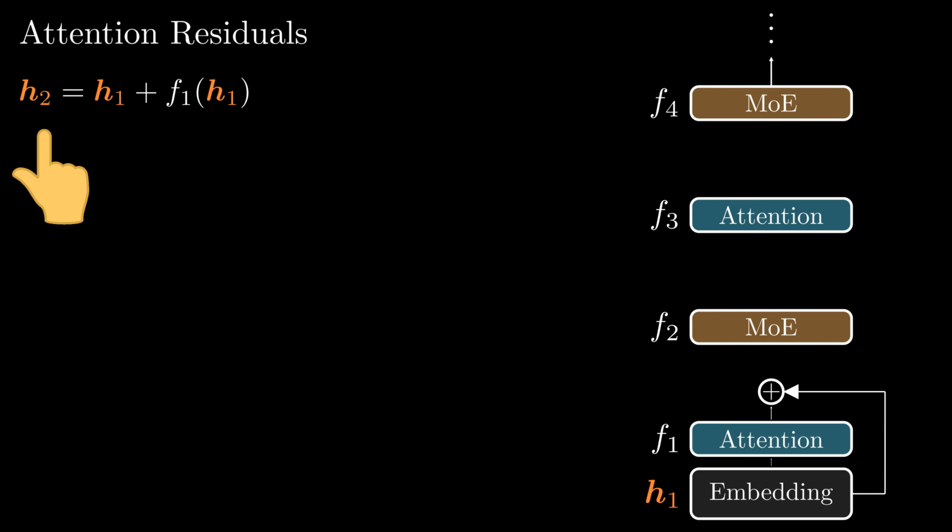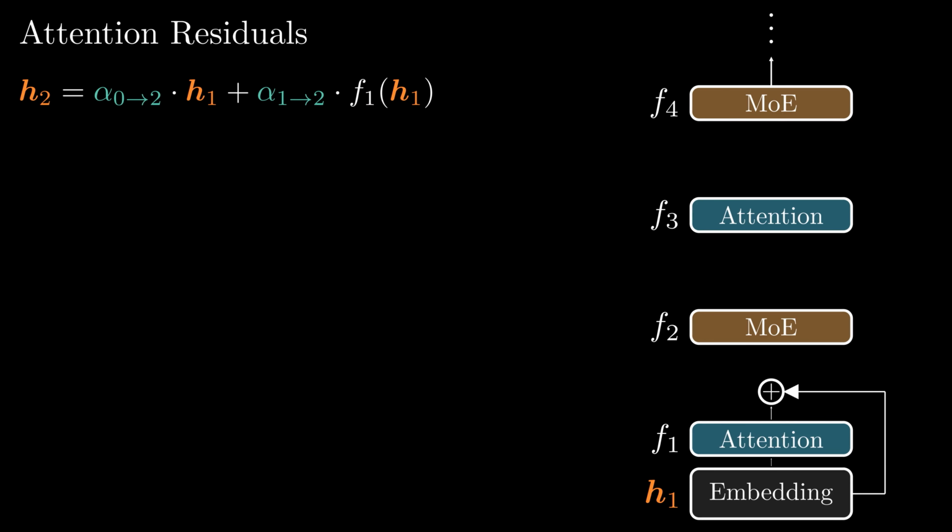This gives us H2, the input to the second layer. Implicitly, we are using a fixed weight of 1. But can we make these weights learnable and data dependent? Alpha 0 to 2 controls the amount of H1 that contributes to layer 2. Alpha 1 to 2 controls how much F1 of H1 contributes.